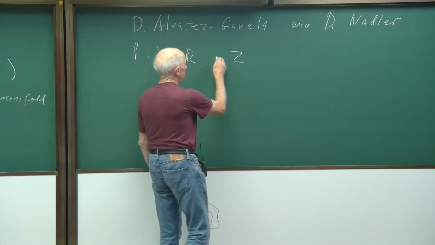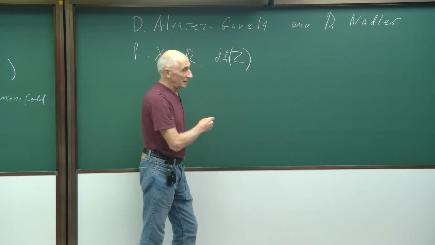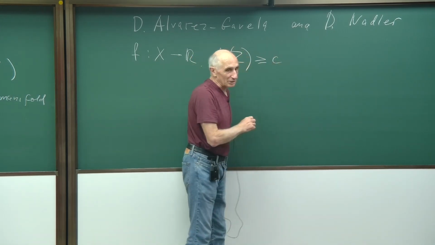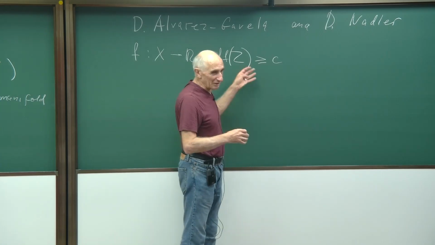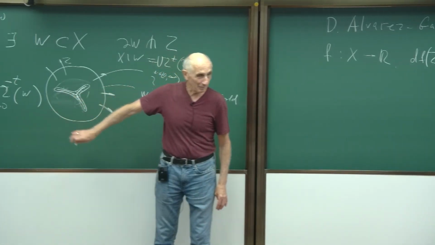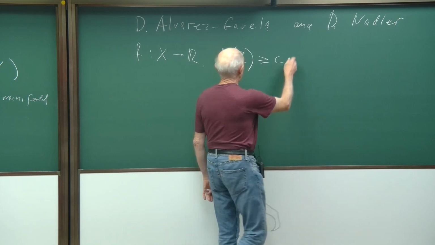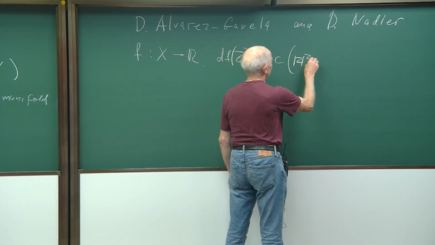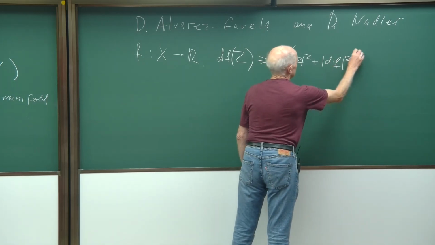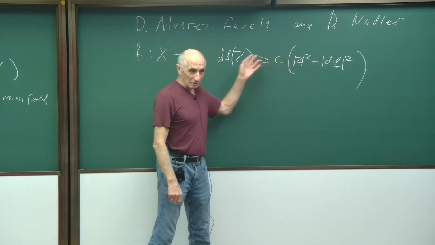What it means is that df of Z is greater or equal than some positive function. Or, because I'm actually interested in everything just near the core, I can think it's compact. Then it is greater or equal than c times the norm of Z squared plus the norm of df squared. This is how one usually defines the gradient-like or Lyapunov condition.